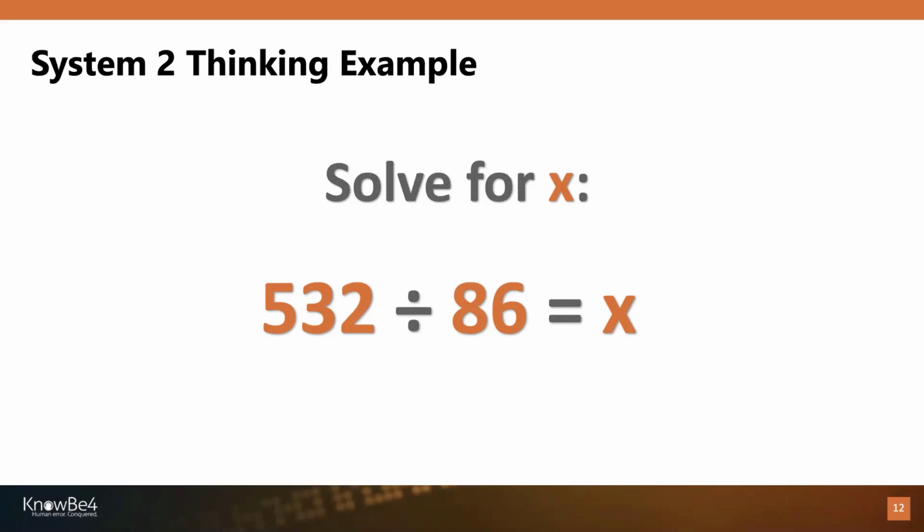So you're always pushing yourself. Your mind is always wanting an escape route to get to the easier thing to do. And so here's the reality, though. When you look at this and feel your mind revolt against it and say, I don't want to do that, I would say that is the same feeling that your end users get when they look at an email and you say, I want you to tell me if that's a phishing email.